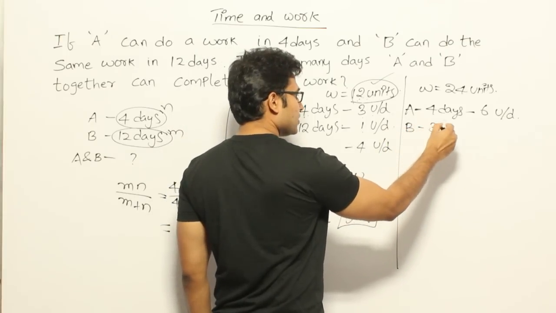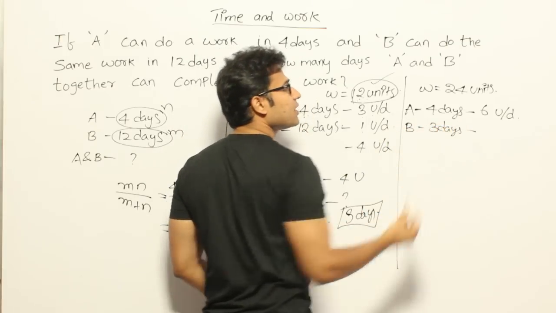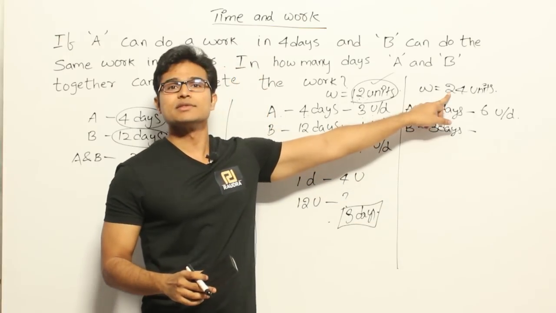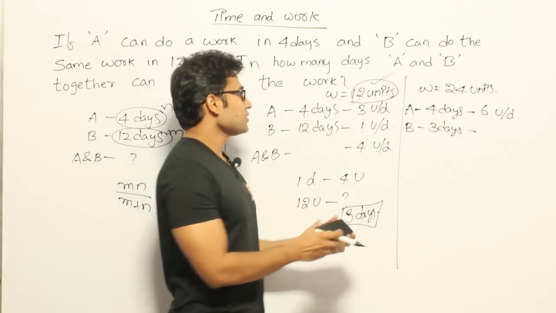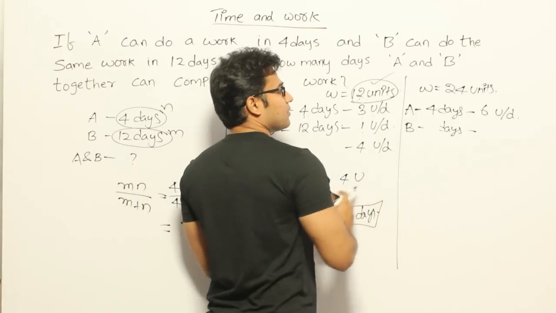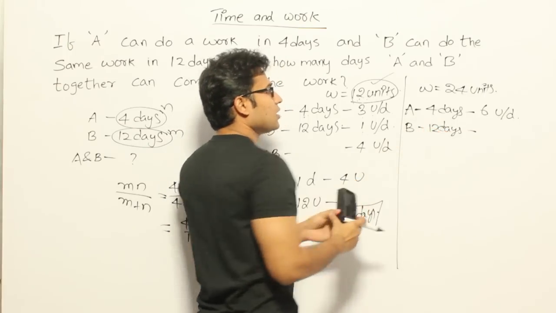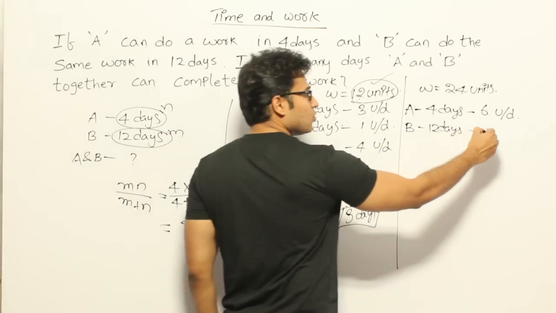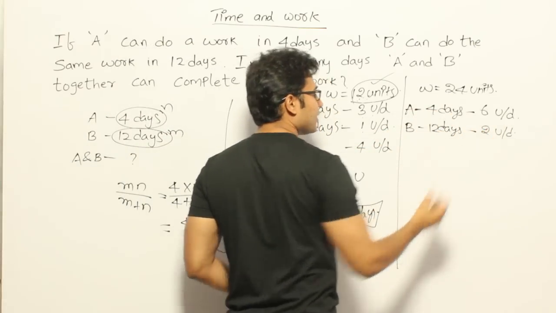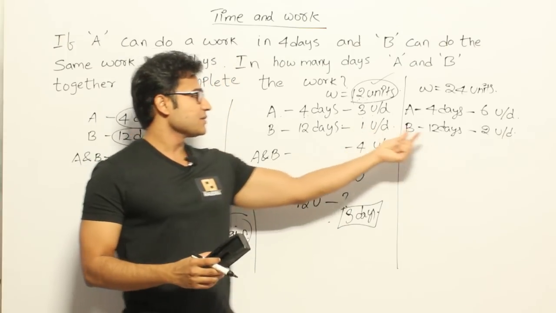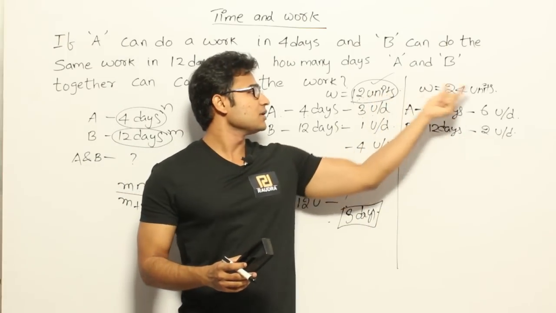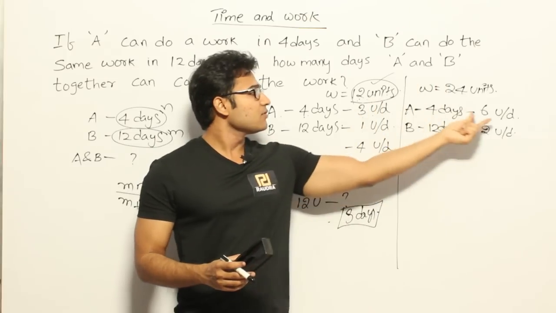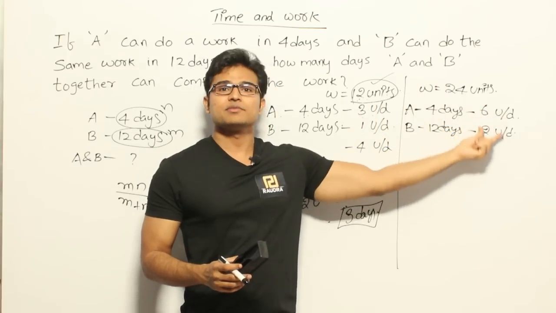Now B is able to finish the work in 12 days. Therefore, what is the rate at which he is working, given that the work is this? So you have to write 24 by 12 units per day, which is going to be 2 units per day, right? Now here also the rate has doubled. When you have doubled the work, the rate at which both of them are working has doubled.